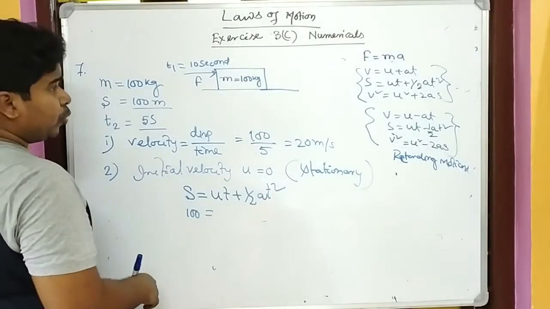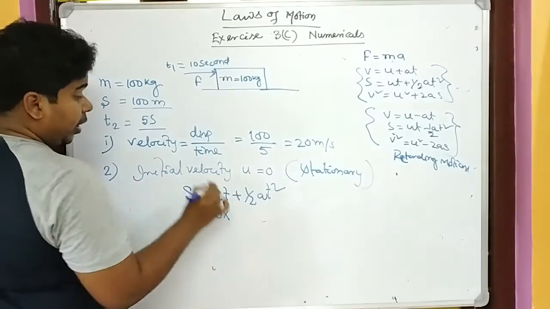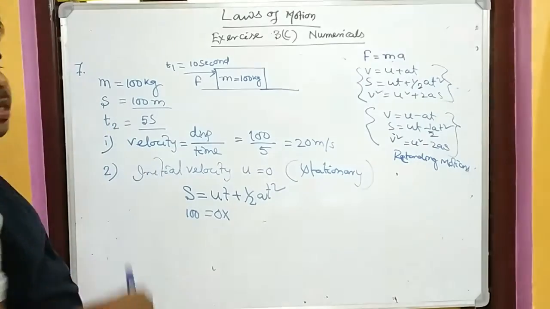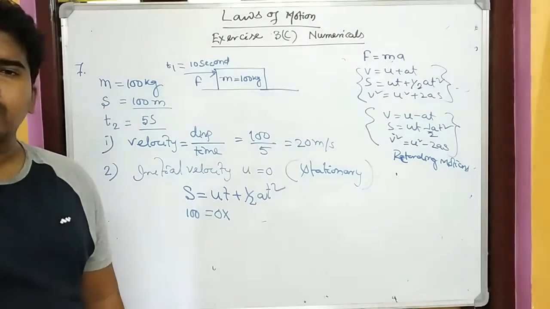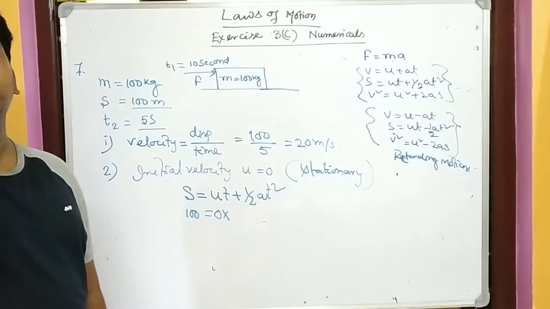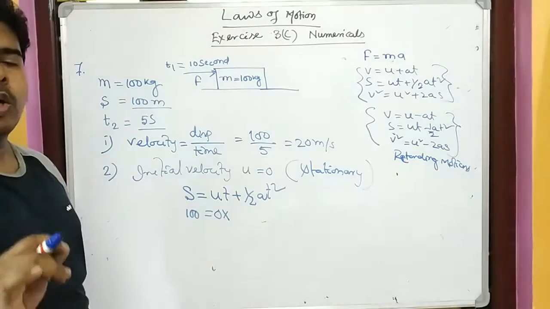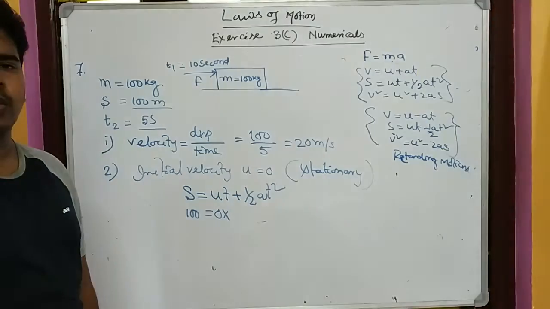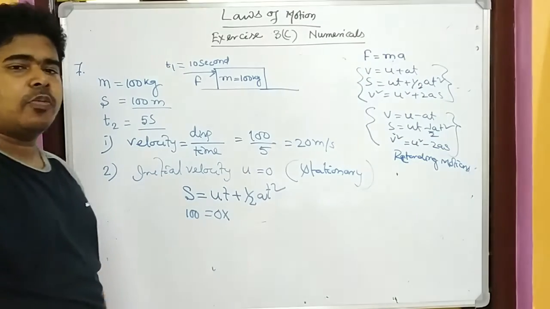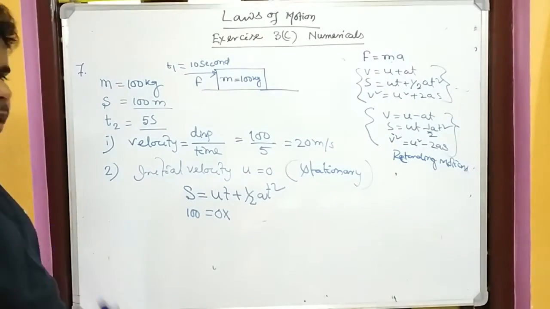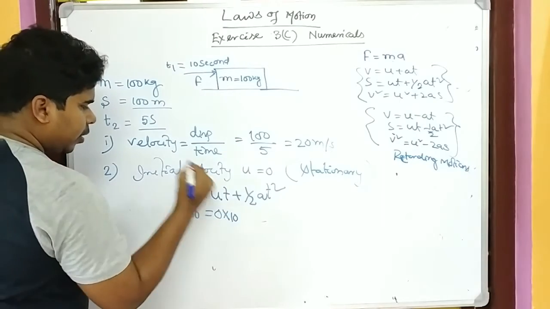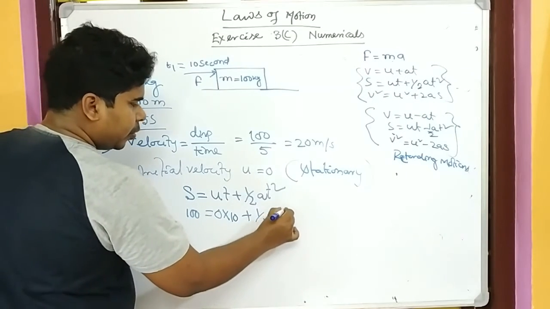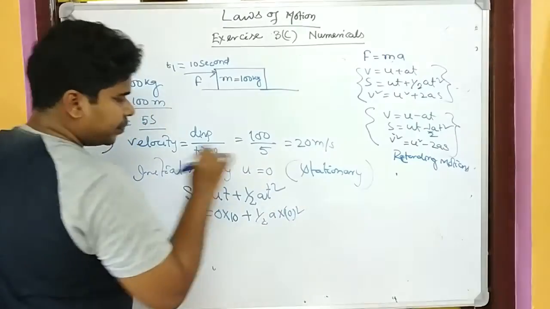What is the value of u here? 0. Which time do we have to take, 5 seconds or 10 seconds? The force is applied for 10 seconds, and here we are talking about the acceleration due to the force. So the time for which the force is applied, we take 10: 100 = 0 + half of a into 10 square.